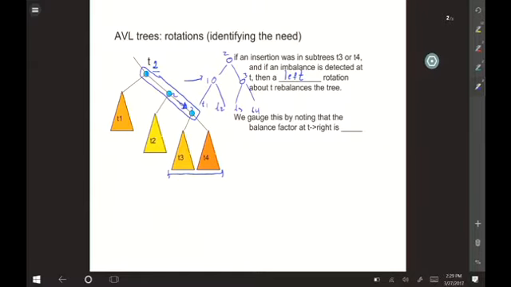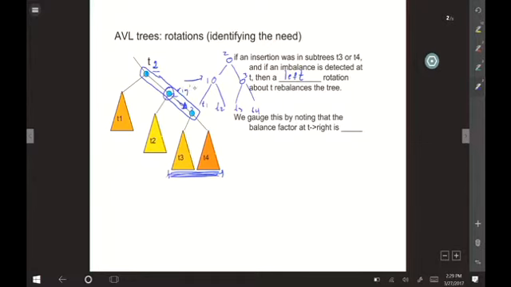Now, you and I know by looking at this picture that I could have diagnosed the fact that something was inserted here by noting the difference in the keys at this point. While we were doing an insert, we went right here.